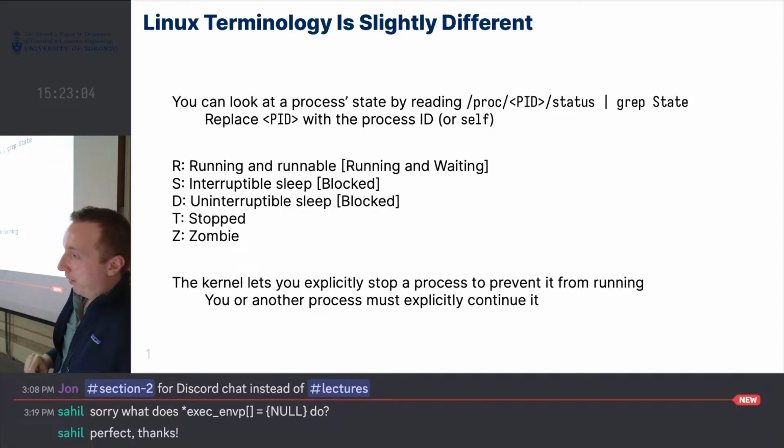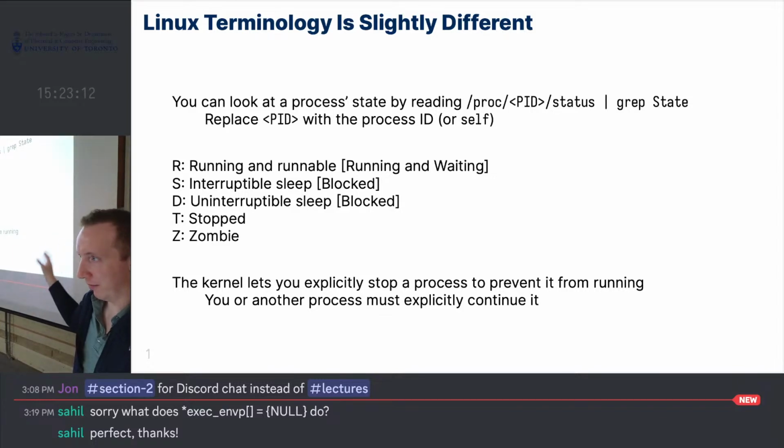One of the things in there is called state, and it doesn't quite line up with our generic states from the last lecture. Every directory in proc that's a number is a process ID, or PID. There's also a special one called self, which represents whatever process is currently accessing it, which is done by a bit of magic.